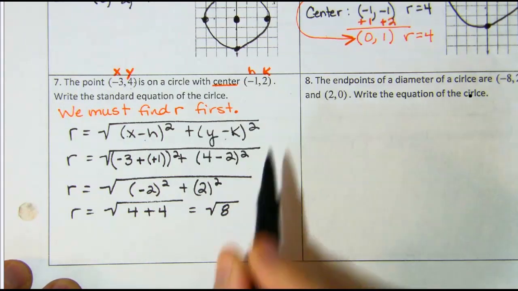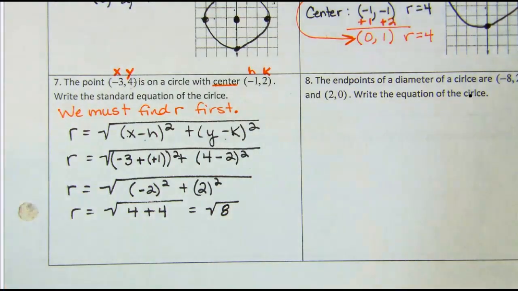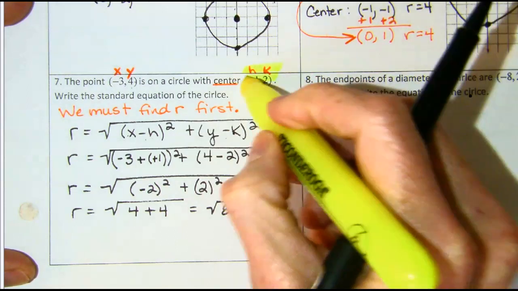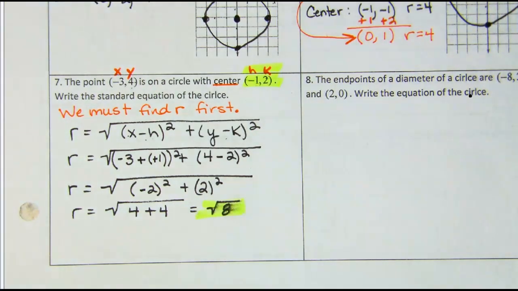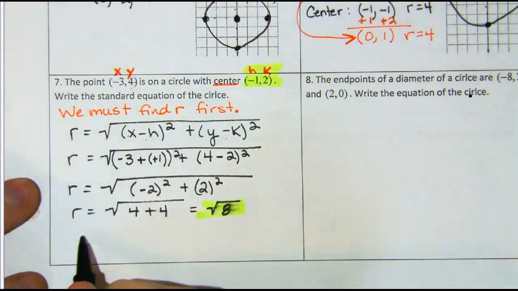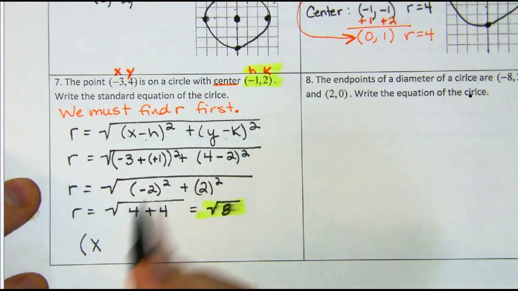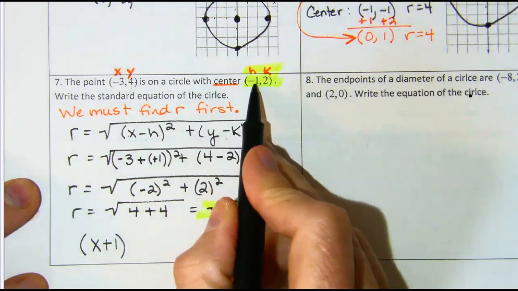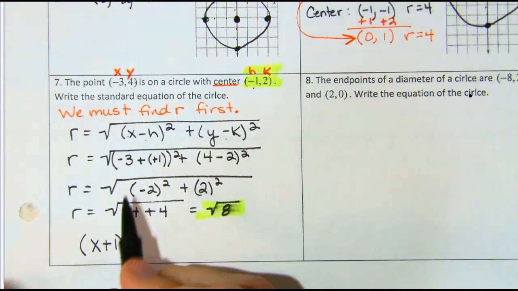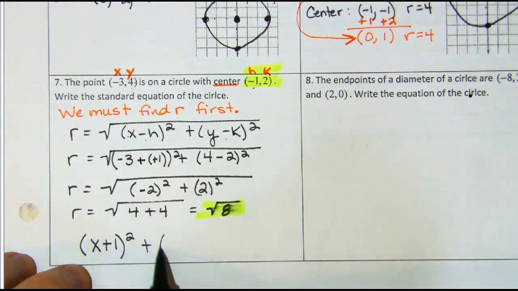So now I have my h and my k. So here's my h. And I have now my r. My r is square root 8. So now I can plug it into the formula. So x, center, plus 1, because remember negative minus a negative will turn it positive. And then we're going to do that for y.